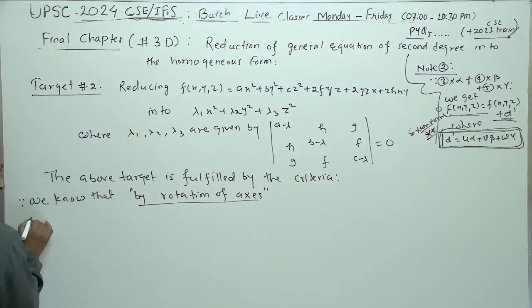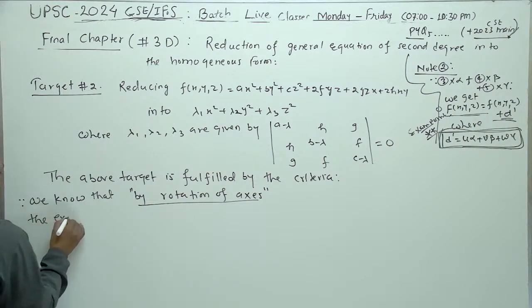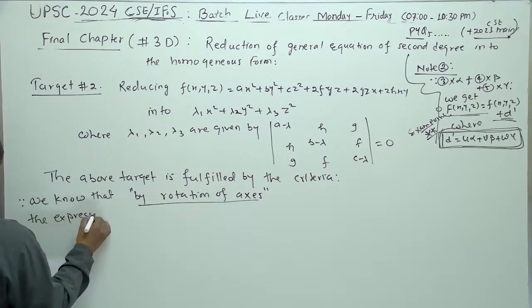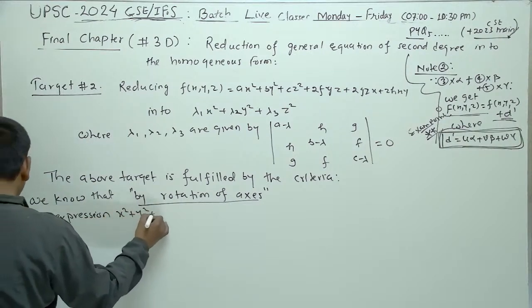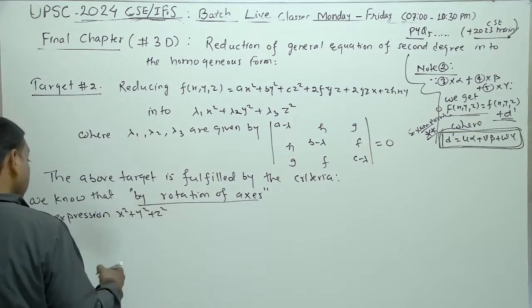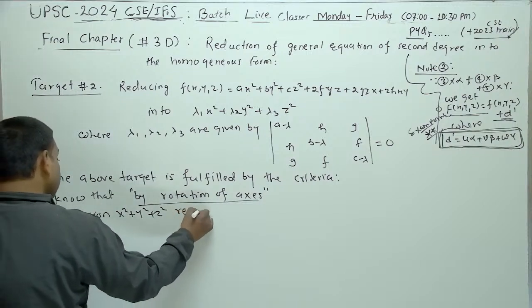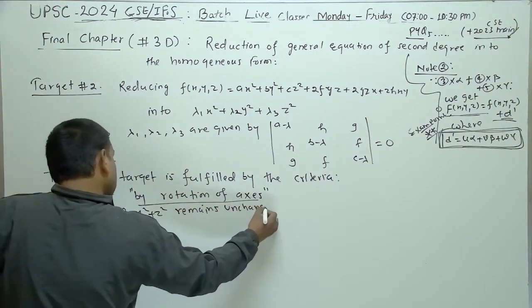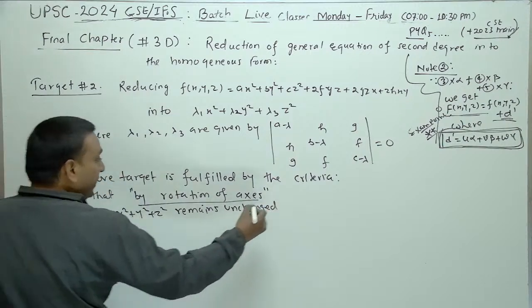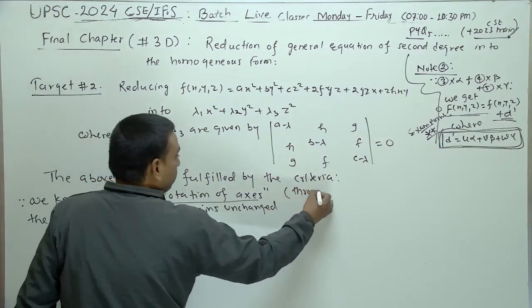By rotation of axis, the expression x square plus y square plus z square remains unchanged if I do that through the same origin.